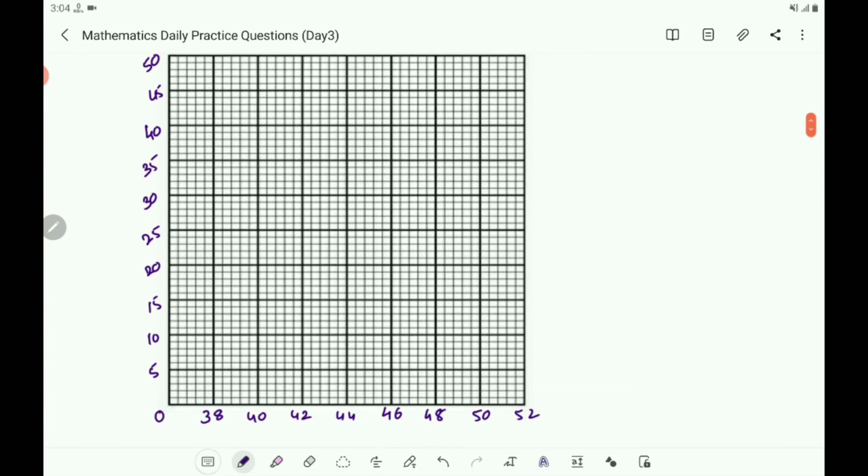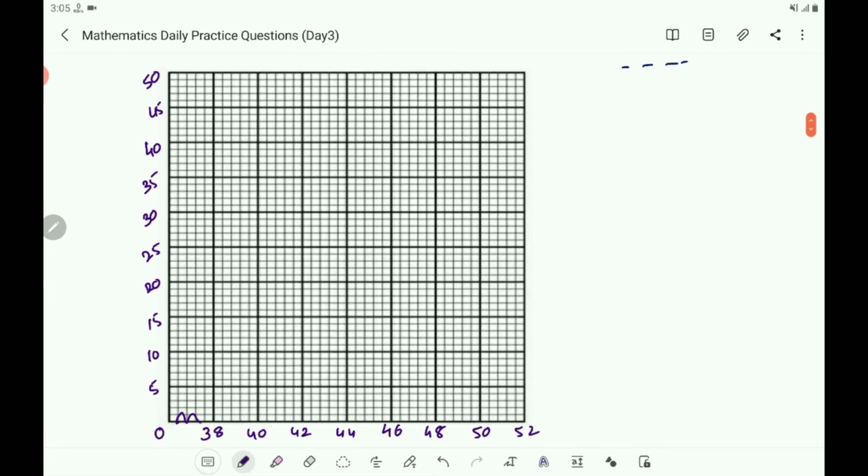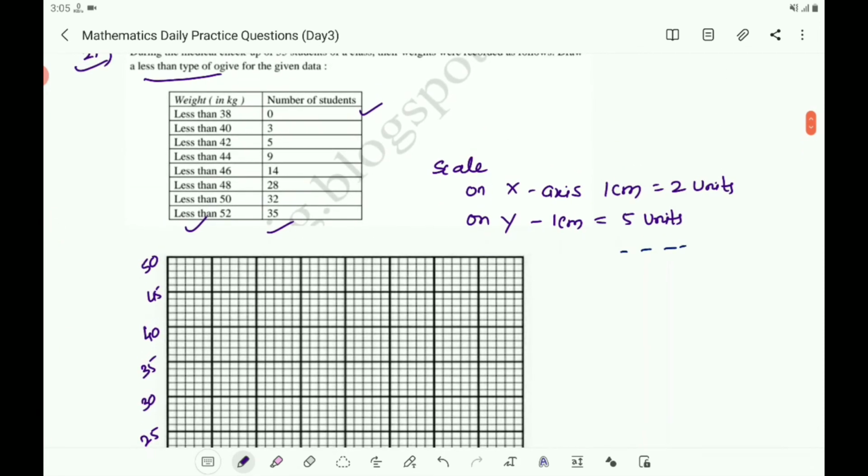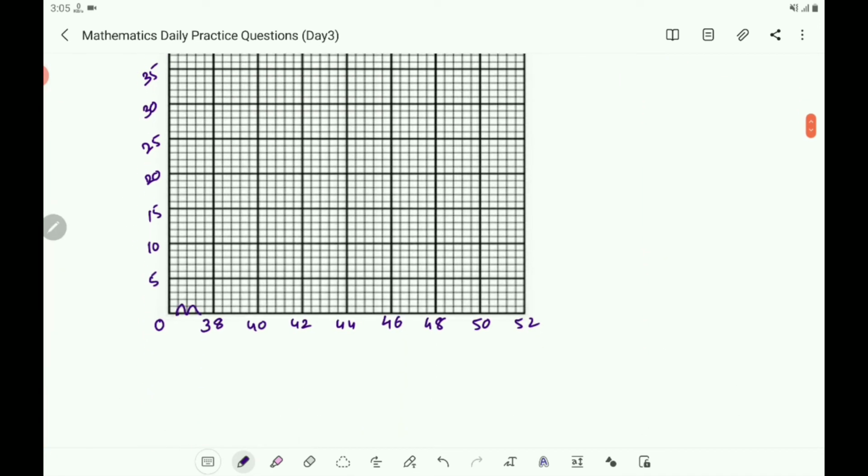Now here you know that 0 is there, so let us have the break here. On the x-axis what have we taken? We have taken the weights, that is in kgs.